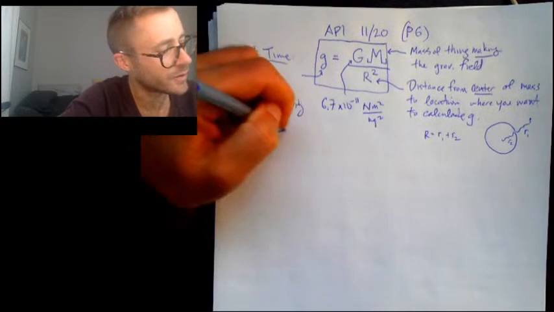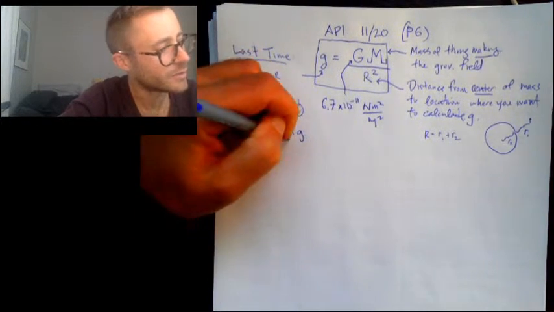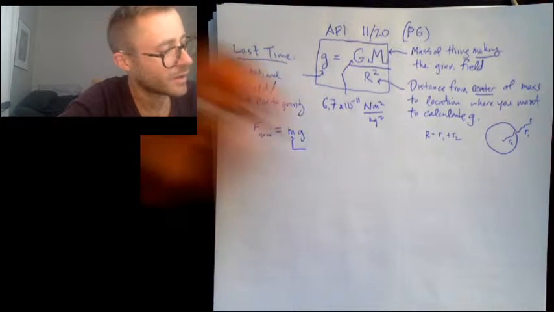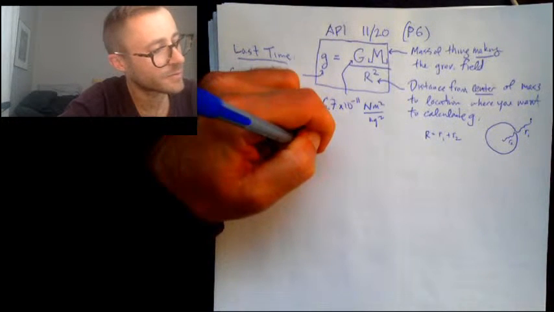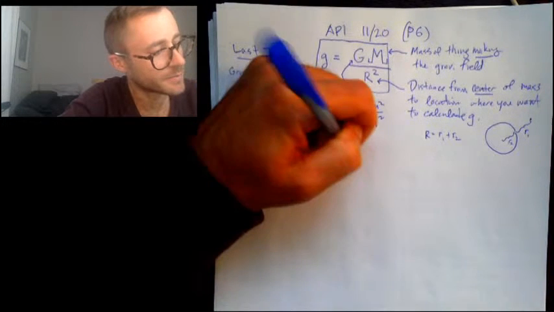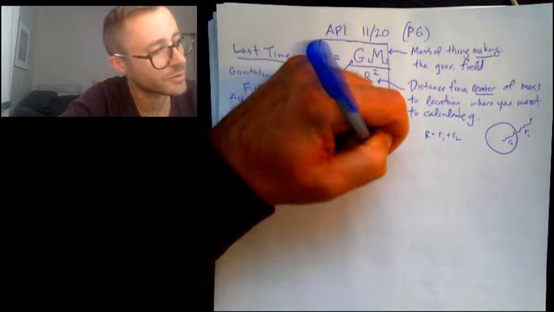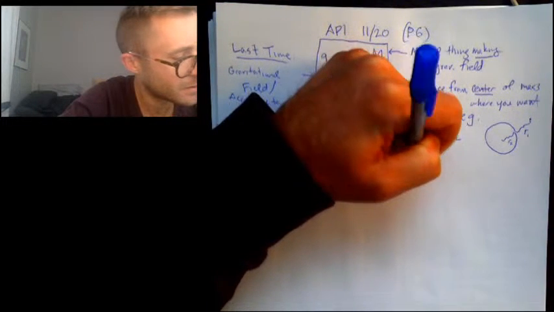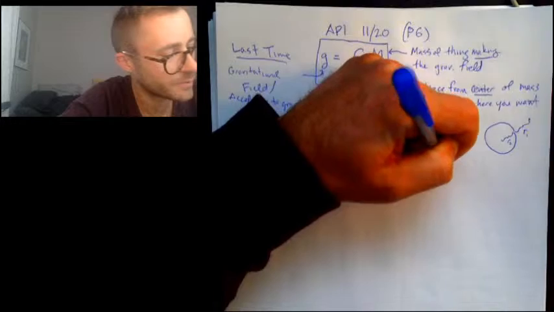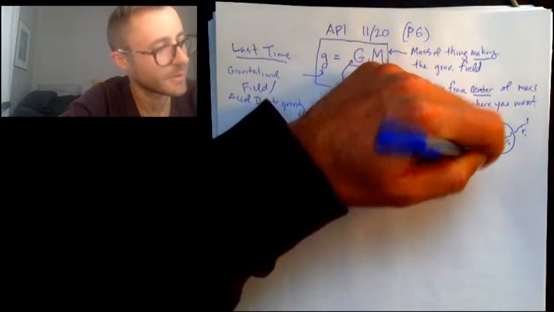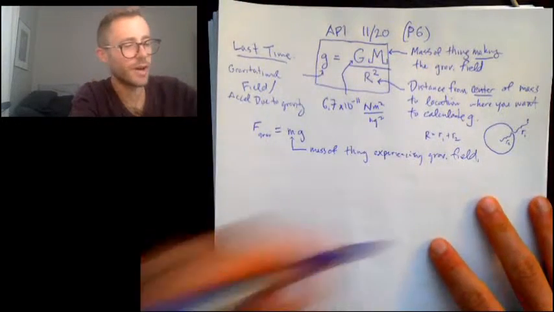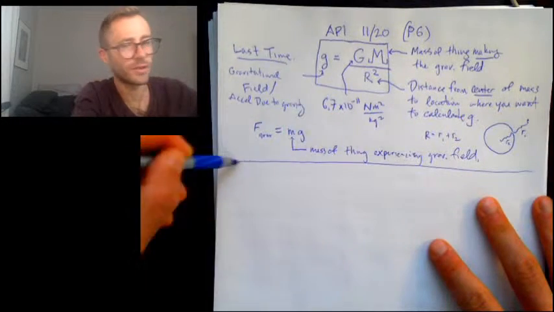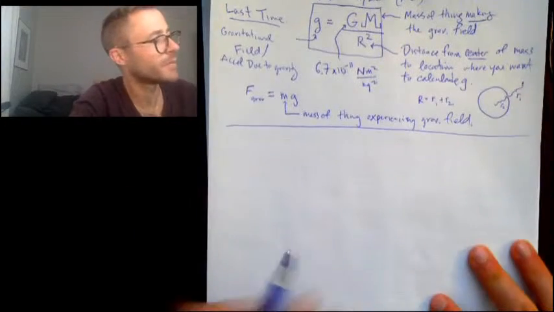It's little m times g. Of course, little m is the mass of the thing experiencing the gravitational field. That's what we did last time. I just wanted to review it because it was pretty significant.